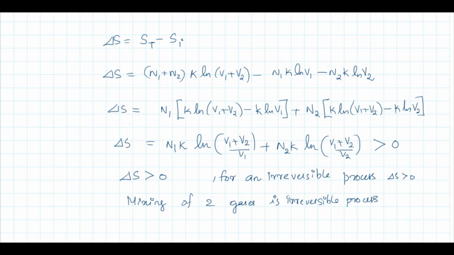Similarly, in the second term you have log (V1 plus V2) by V2. The term (V1 plus V2) by V1 is a positive quantity greater than 1, so its log is again positive. N1 k, N2 k, everything is positive, so this whole quantity will be greater than 0. So delta S, the change in entropy, is positive.